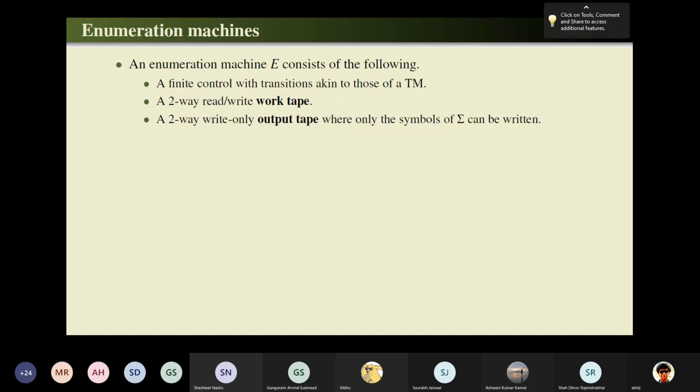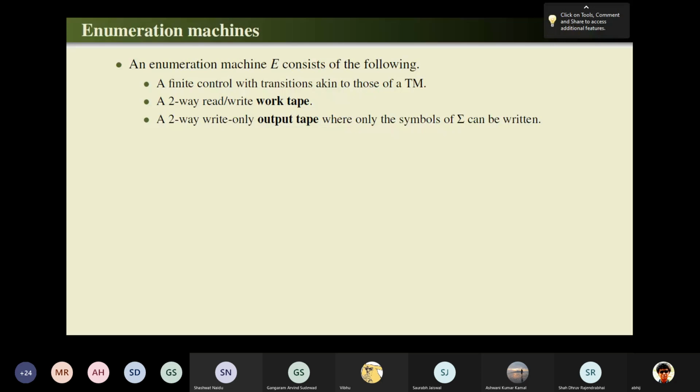It may be 2-way, 1-way, whatever, but it is only a write-only tape. So this enumeration machine can only write symbols on the write-only output tape. And the only symbols that it can write are the symbols of sigma, the input symbols.